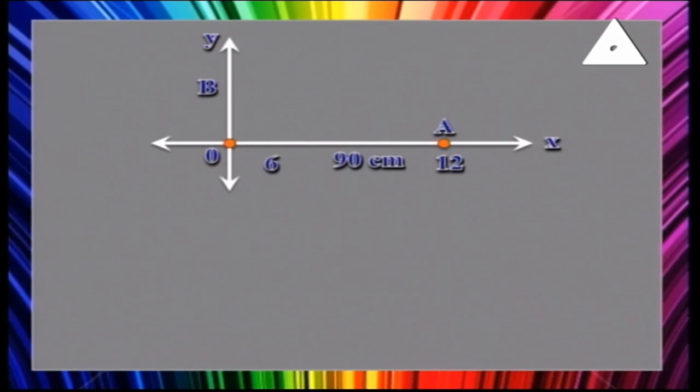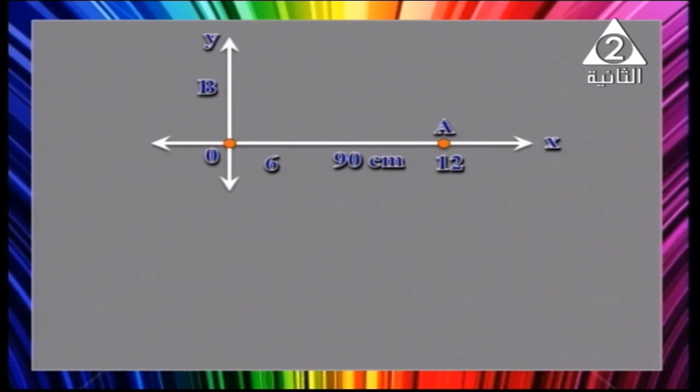We take the first body, its mass 6 kilogram, as the origin point, and make two axes, OX axis and OY axis. The first body, its position vector is 0, 0, but the second, 12, is 90 and 0.